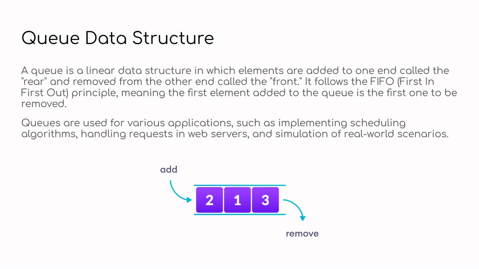People stand in queues, right? So you can think of a queue like that. Queues have various applications such as implementing scheduling algorithms and handling web server requests. So this is an example where we add elements and remove them. 3 is added first, that's why 3 is removed first, then 1, then 2.